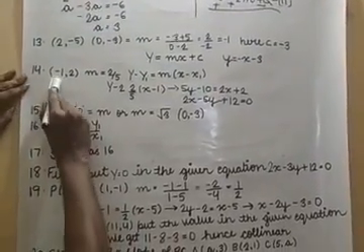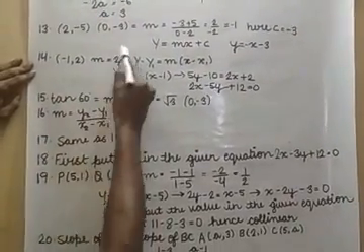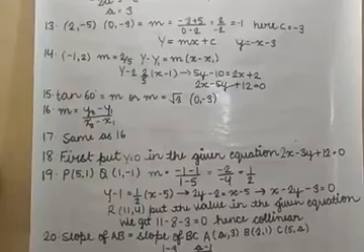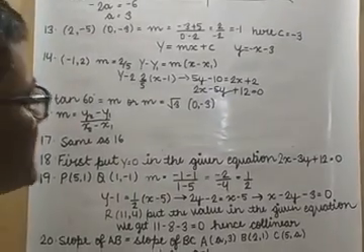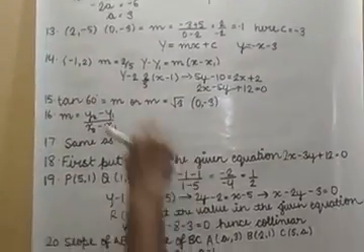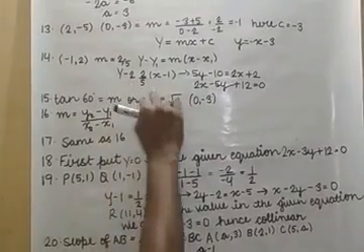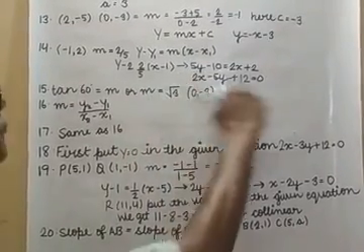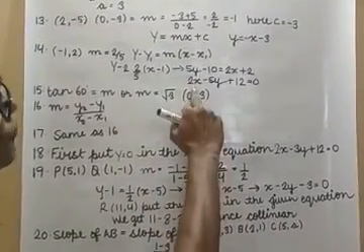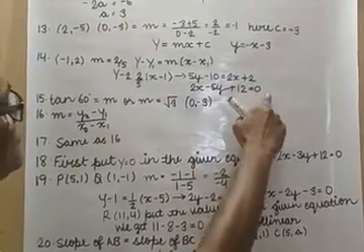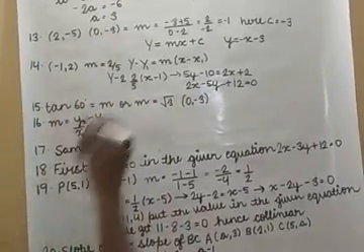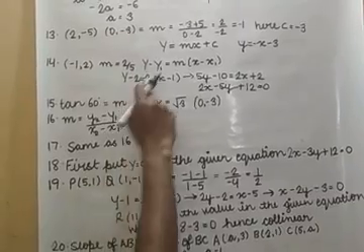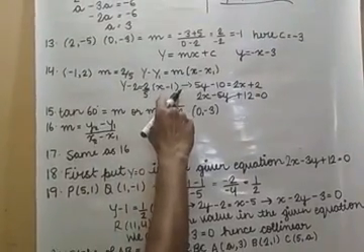So we have one point (-1, 2) and slope 2/5. So I have used this particular formula, that is y - y1 = m(x - x1), and I have replaced the values, y - 2 and 2/5, accordingly, and just solved them and I got the equation 2x - 5y + 12 = 0.